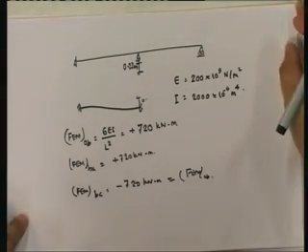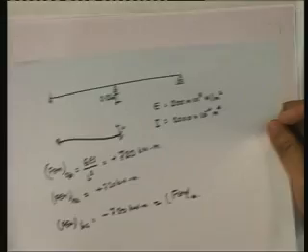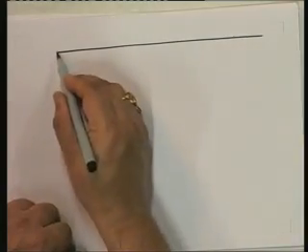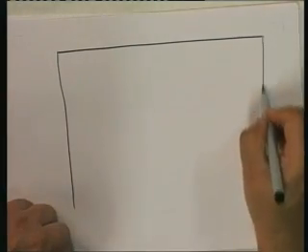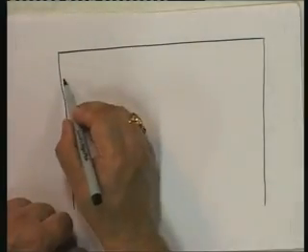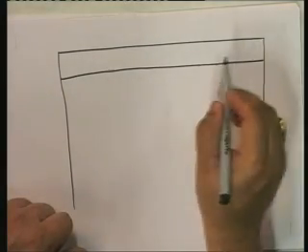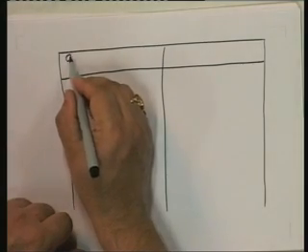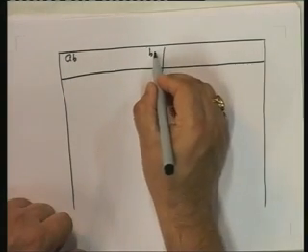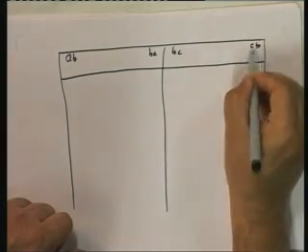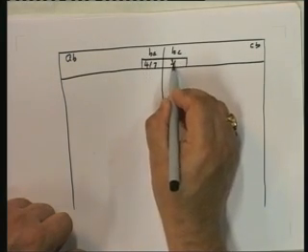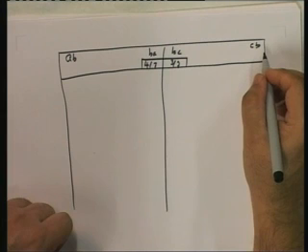Okay, and now I'm going to use the modified member. All that happens due to support settlement is that I use the same one that I've just used. So I'm not going to go through the same points, I'm just going to write them down. This is 4 by 7, 3 by 7, okay.